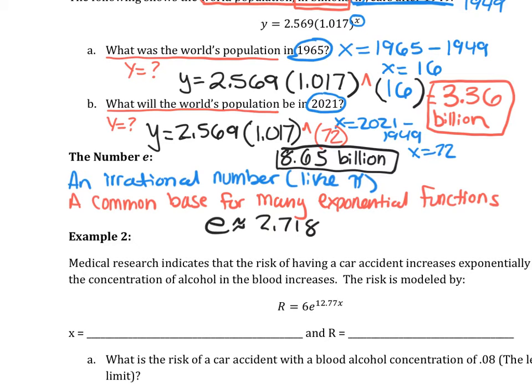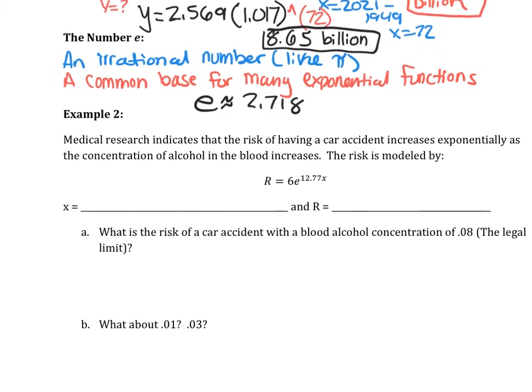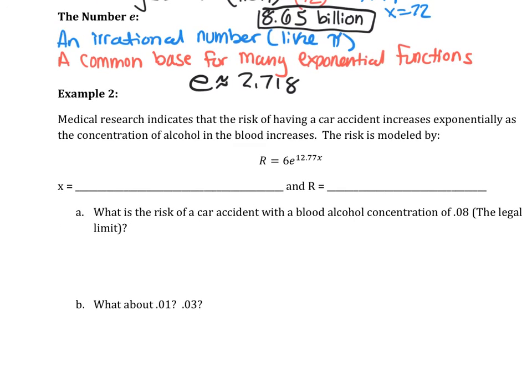Just so you guys can see, if you hit the second button, and then the button that says LN, it's the third button from the bottom on the left. You should see a little e with an X in blue there. So, for example 2, we're going to use this e number here. Medical research indicates that the risk of having a car accident increases exponentially as the concentration of alcohol in the blood increases.